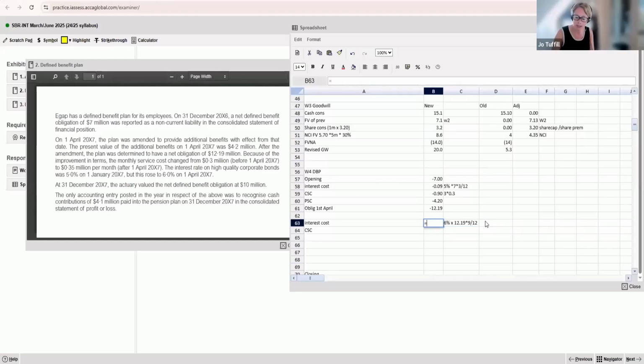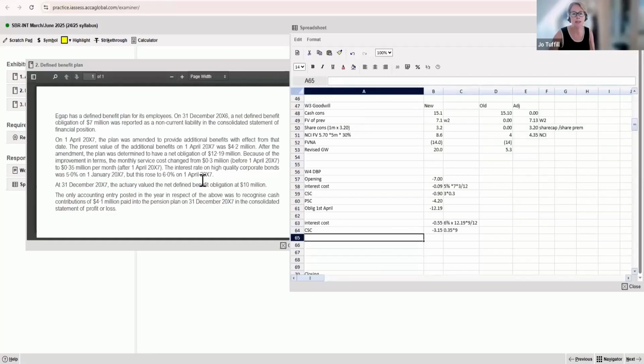So it's going to be 6% times that times 9 divided by 12. The current service cost is now going to be 0.35 times by 9 months, so minus 0.35 times by 9.